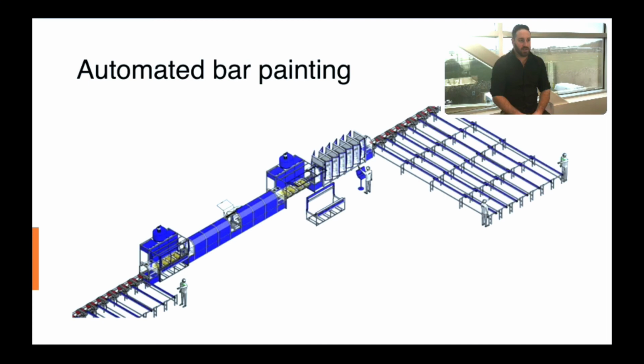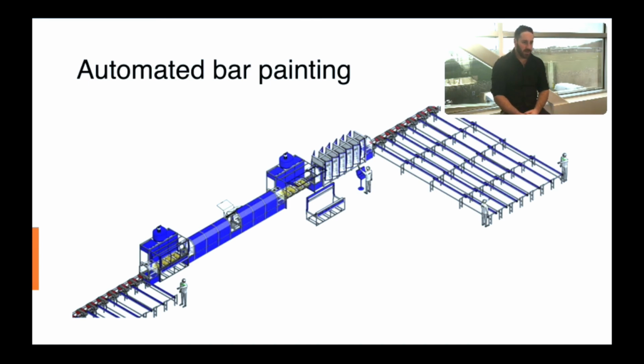If you're pushing the bar painting a little bit further, there are technologies out there that allow you not to mask or use tapes to paint the bars. But the problem I've seen with those systems is that usually there's not a lot of automation behind it.